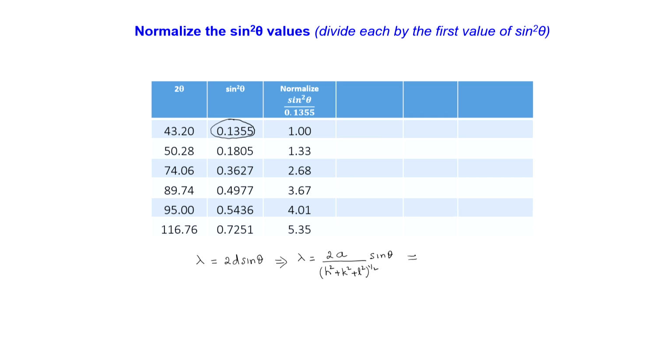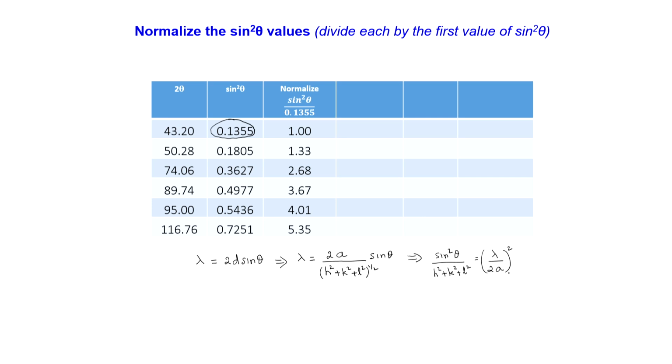I can write this equation in this manner as well: sin square theta divided by h square plus k square plus L square. What I have done is squaring the equation on both sides and rearranging some of the terms, and this would be equal to lambda divided by 2a, squared.